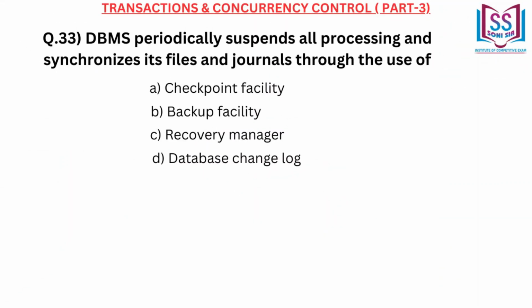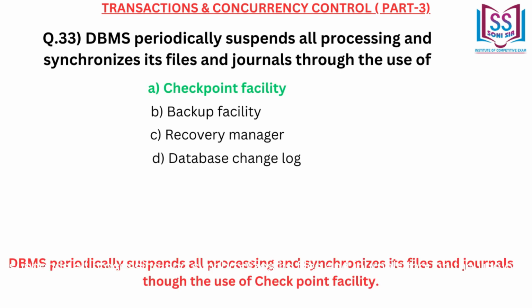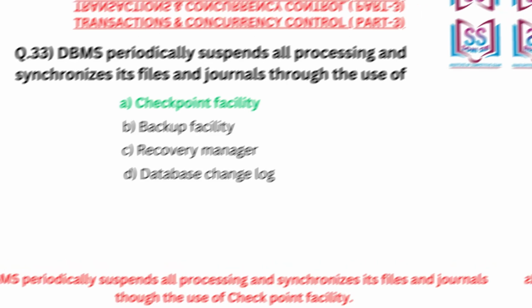Dbms periodically suspends all processing and synchronizes its files and journals through the use of A. Checkpoint facility. B. Backup facility. C. Recovery manager. D. Database change log. Correct answer A. Checkpoint facility. Dbms periodically suspends all processing and synchronizes its files and journals through the use of checkpoint facility.